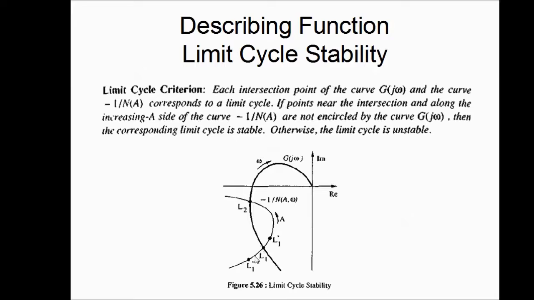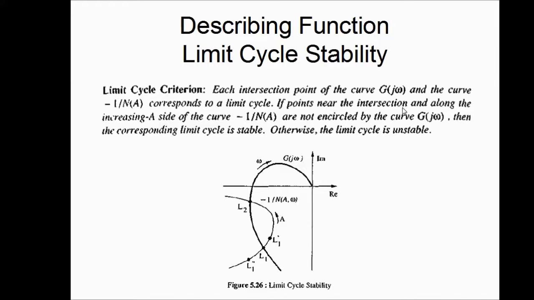So let us look at this example, this schematic picture, where you have -1/N plotted here and G(j omega) is here. There are two intersections. So there are two limit cycle candidates in this problem, and we want to know which one of these is stable. So the criterion now says, this is the increasing a direction for the -1/N curve.